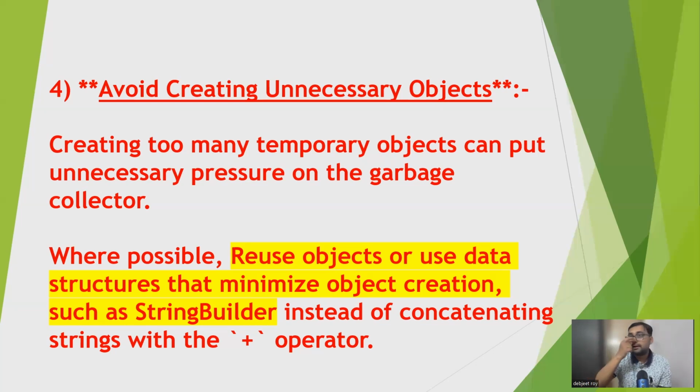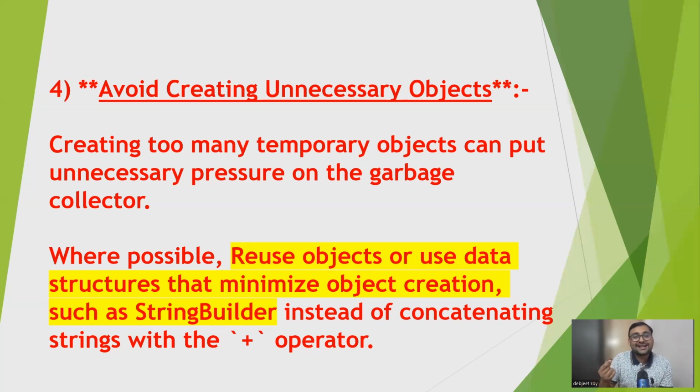Since it is not used in the project, the garbage collector does not come to clear it off, and it stays in the old gen for a long time, which creates weightage. So whenever you are creating an object, try to clear it.